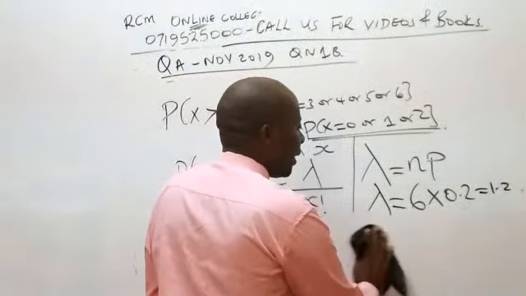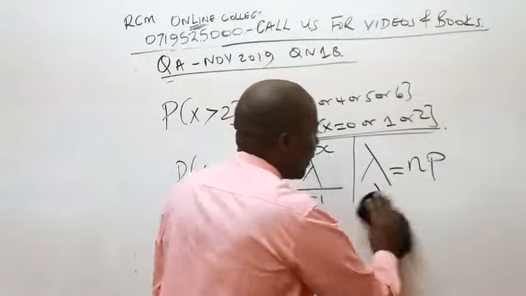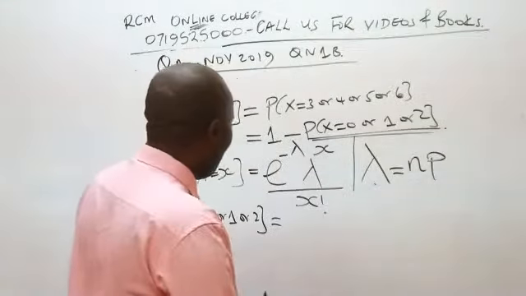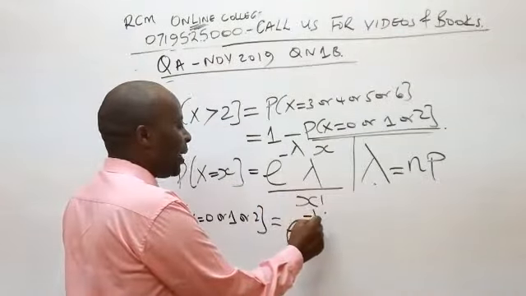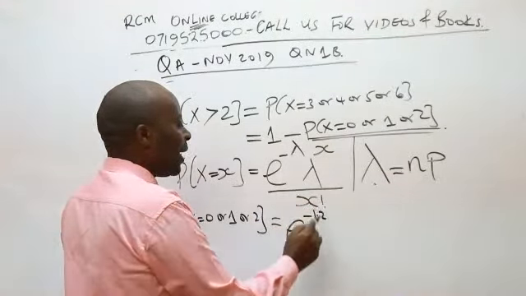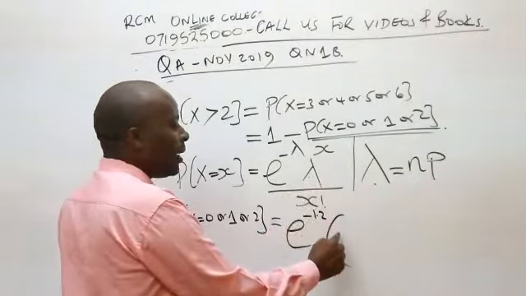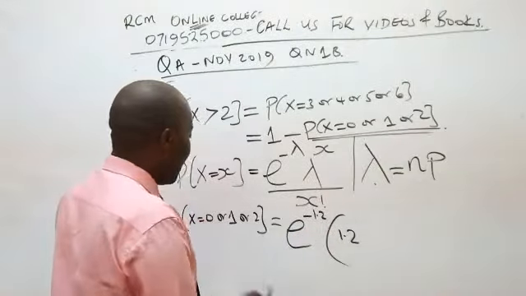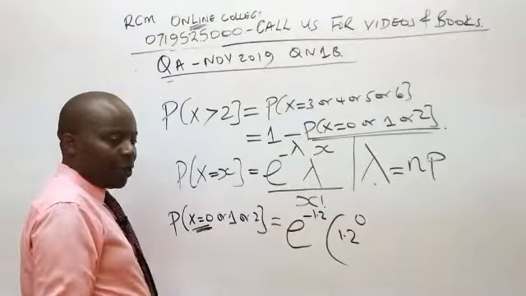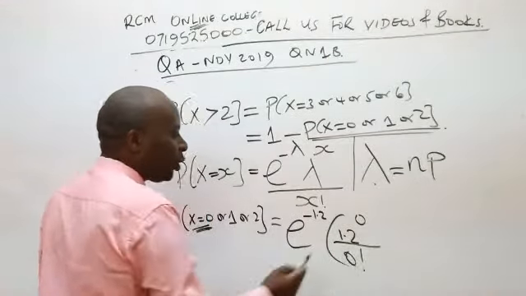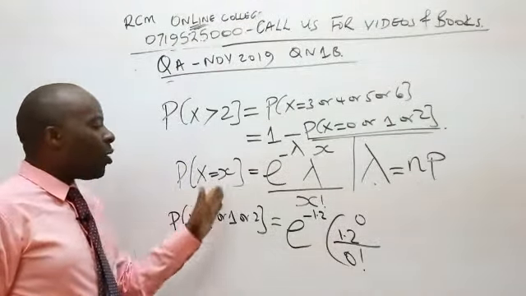Once I have that, I'll be able to apply this other formula very easily. Once I have my mean, I will factor out e raised to negative lambda. Lambda here is 1.2, raised to the first x figure, which is 0, all over 0 factorial. I'm factoring out this e because it's applicable to each one of them.